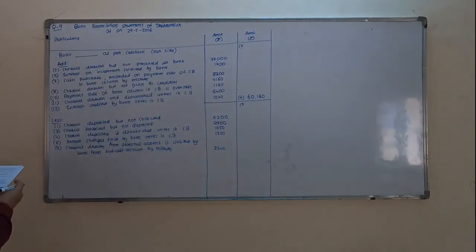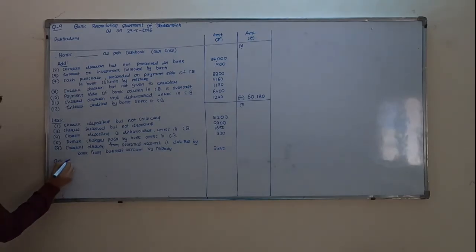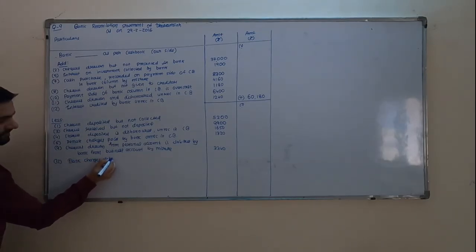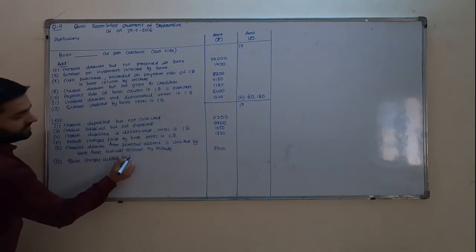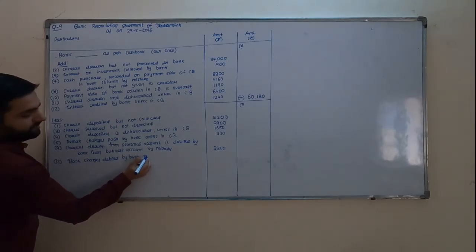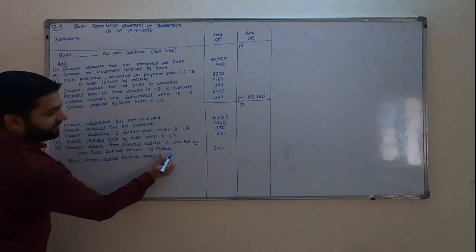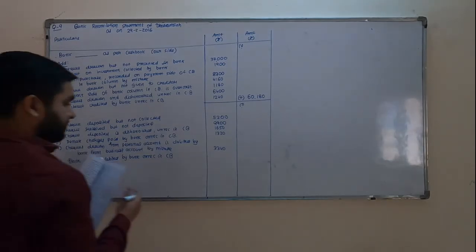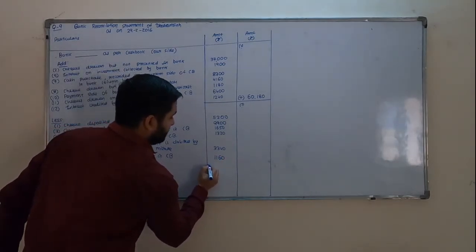Next transaction to subtract is number 12. Bank charges debited by bank, unrecorded in cash book, 1160.